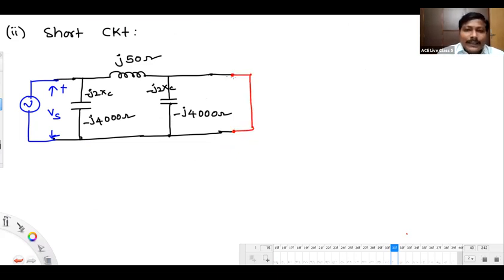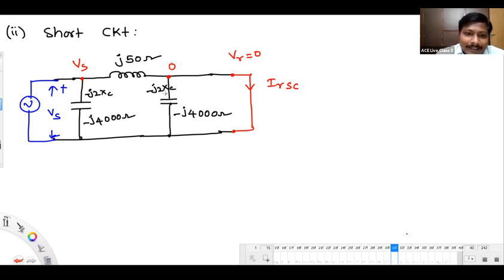And you are saying VR equals 0 at that place. Next thing, listen please. This is the current you are calling IRSC, and this node voltage is Vs. This node voltage is 0, because of the short circuit.